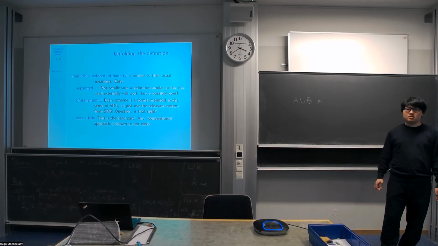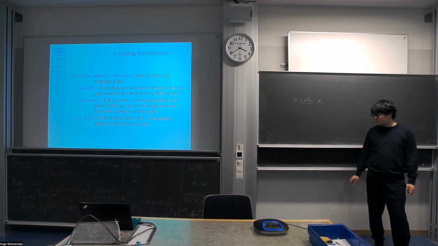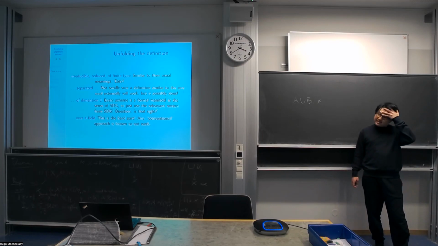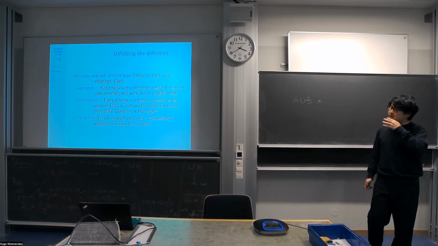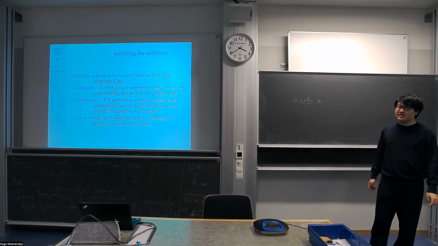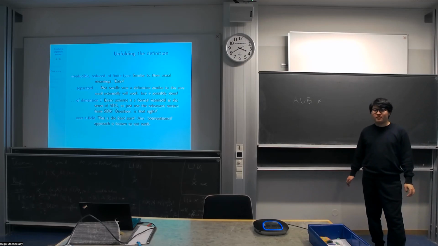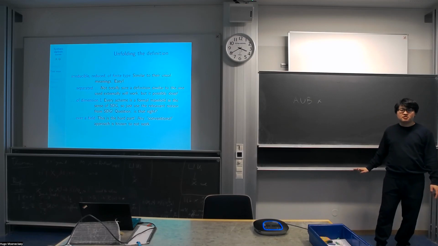And dense means if you intersect with something open and the result is empty, then the open is empty. So you can say a subset is dense, and then you say every non-empty open is dense.